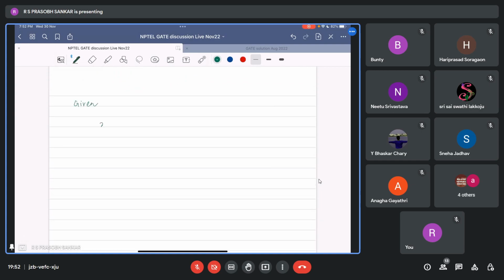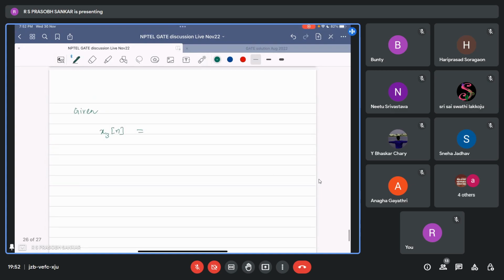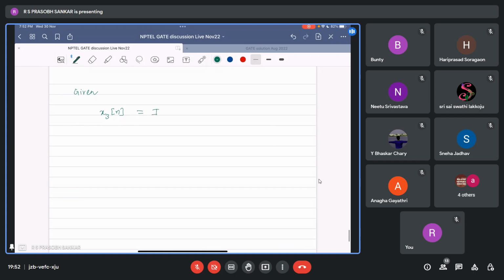So what do we have? Given x3 of n, the time domain signal, how do we get that? This is the inverse DFT of X1 of k times X2 of k.